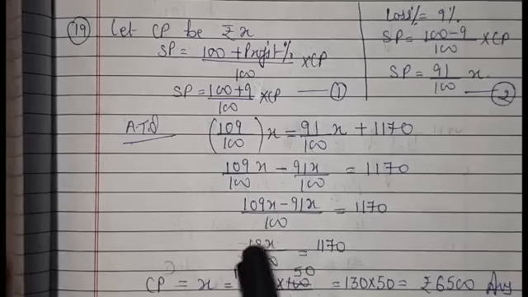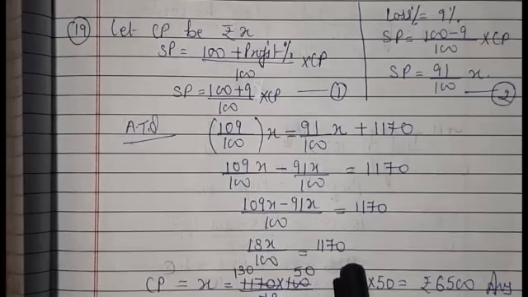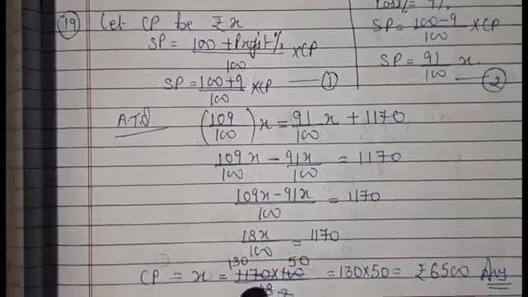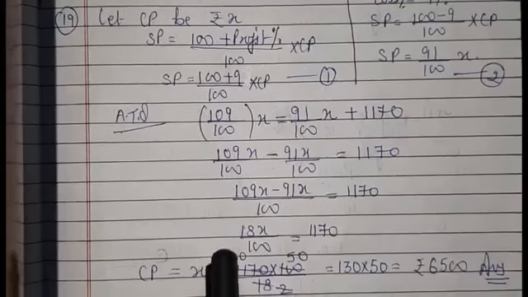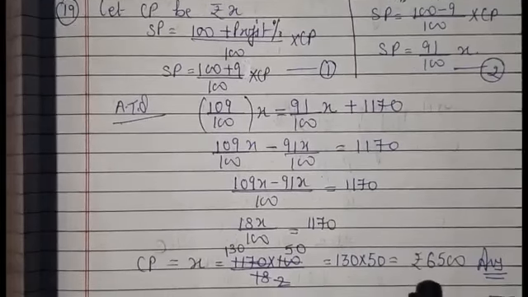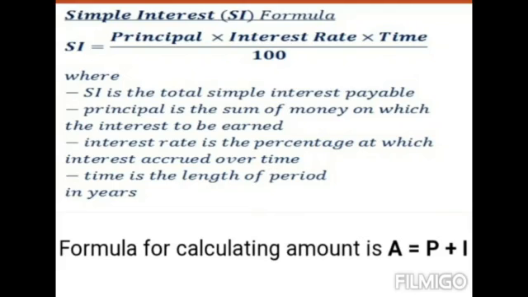When we subtract, 18x by 100 is equal to 1170 will come, right? Find the value of x. It will be 6500. So the cost price of our wedding album is 6500.